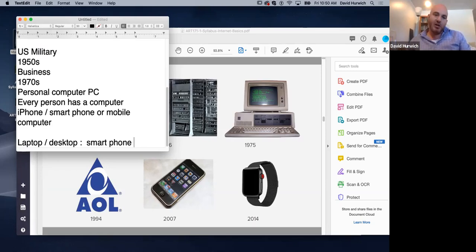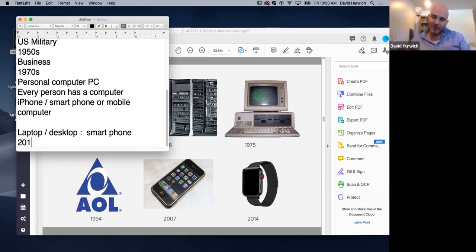Okay, moving along, 2014, release of the iWatch. iWatch, autocorrect is correct. The iWatch is what we would refer to as wearable technology. Okay, so not only do most people have a smartphone, which is a computer, a lot of people have a laptop at home. If you have a game system, those are computers.